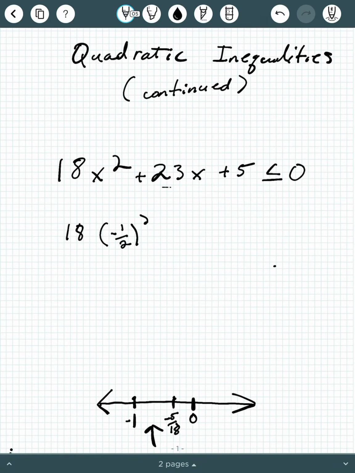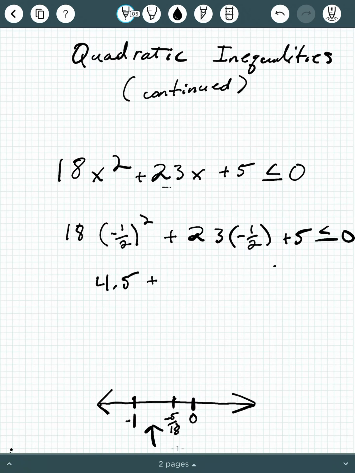So 18 multiplied by -1/2 squared plus 23 multiplied by -1/2 plus 5. That's all got to be less than or equal to 0. Well, when we square -1/2, we get +1/4. +1/4 times 18 is 4.5. 23 multiplied by -1/2.